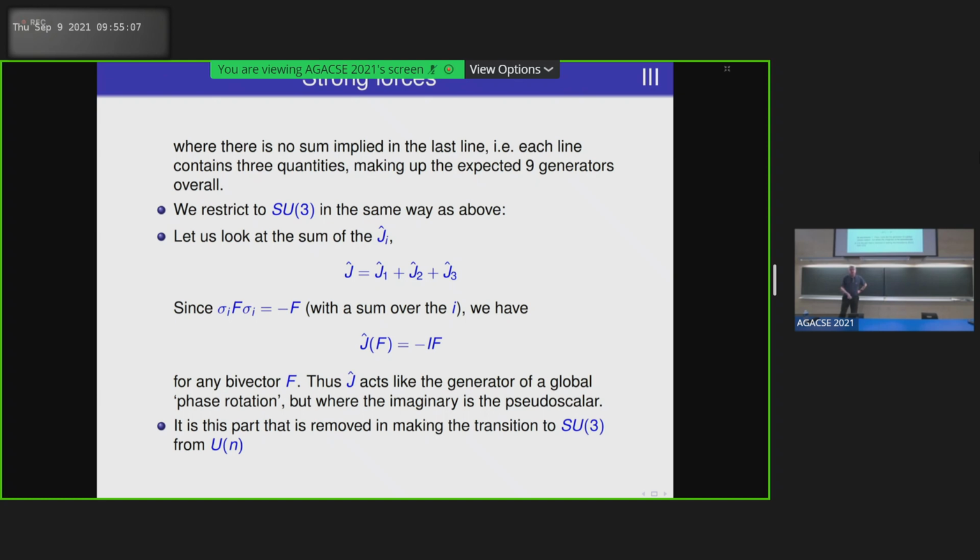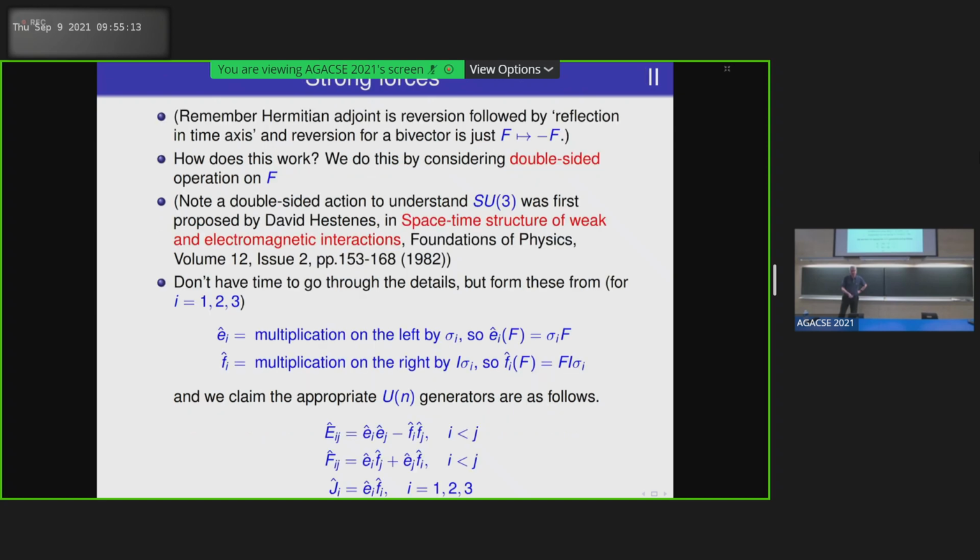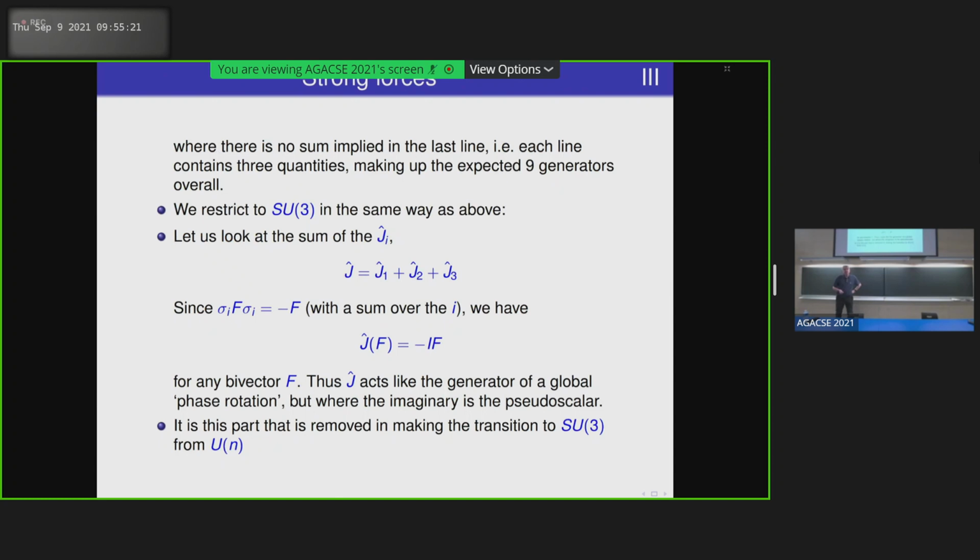If you look at just what a J is, a single J is exactly the same as before. It's an e_i f_i with no sum on the i. And the sum of them is, again, this thing called big J.